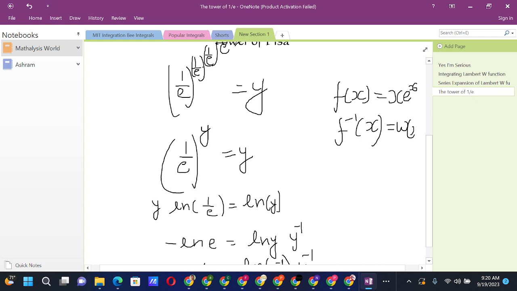This is really helpful in mathematics, since we can find the series expansion for the Lambert function. So whenever we get this function and we want to take its inverse, we just say it is the Lambert function of x. And if we want to evaluate Lambert of 2 or Lambert of 3, anything like that, we can just use the series expansion for the Lambert function.